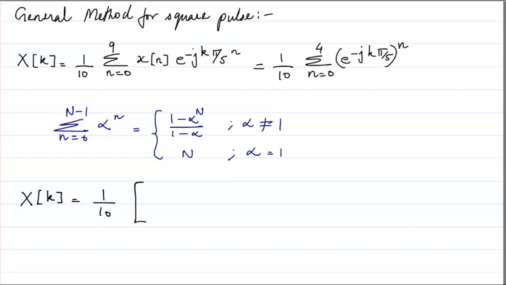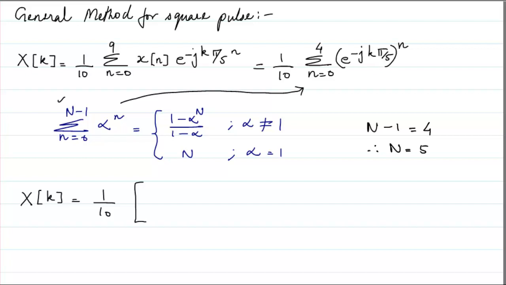If I compare these two equations, what do I see? n is starting from 0. What about capital N? Capital N minus 1 is coming out to be 4. Therefore capital N can be told to be equal to 5.